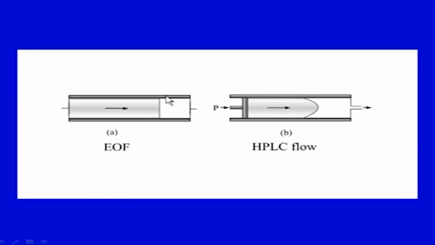So, in gel electrophoresis, this is quite suppressed and not existent, but in capillary electrophoresis it is being used for separation. And this shows how the electroosmotic flow front will look as compared to HPLC flow or other flows.